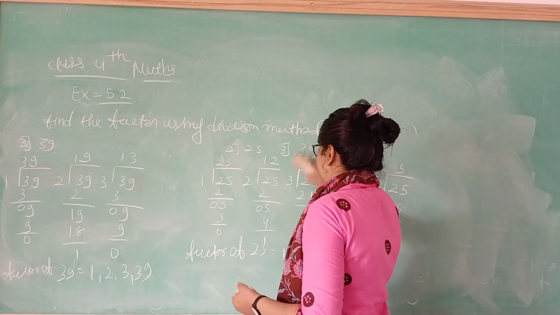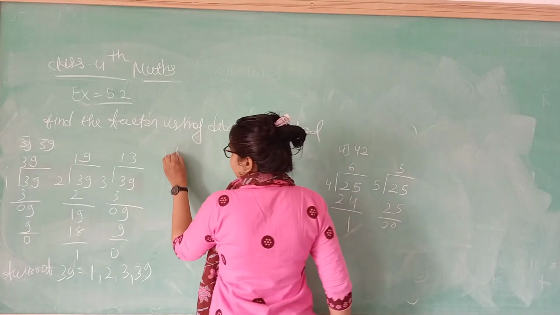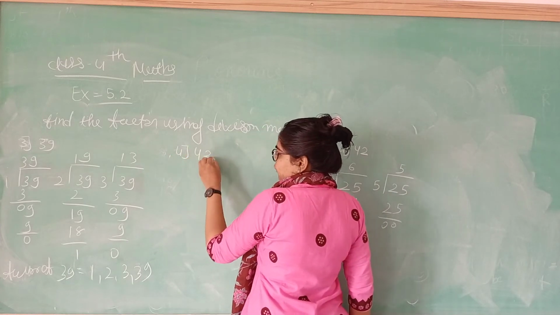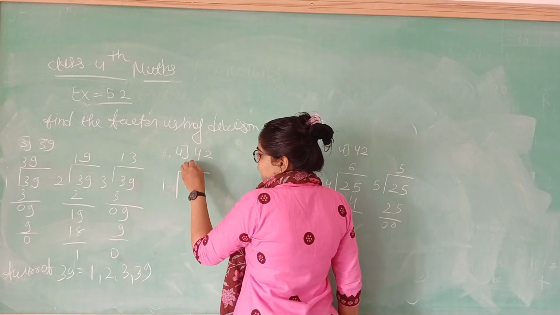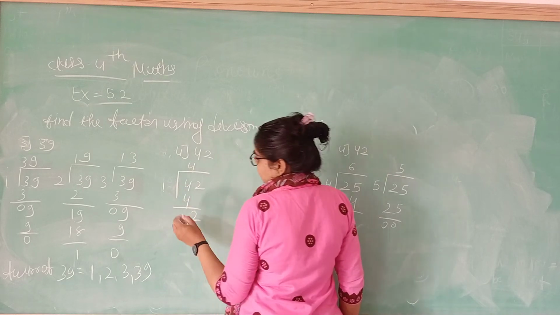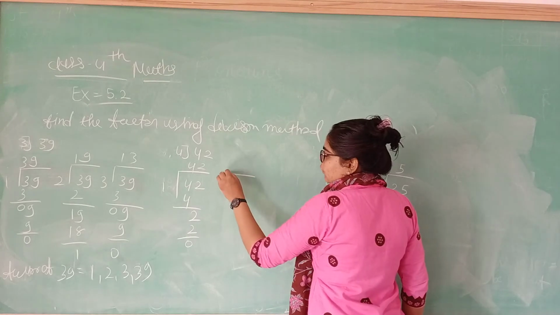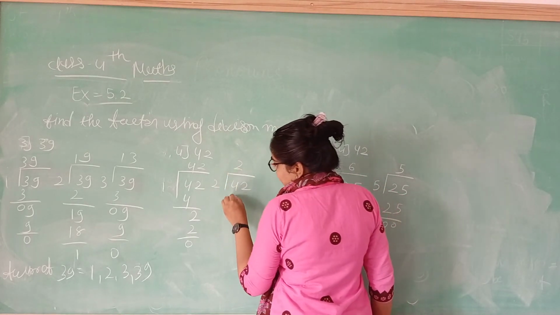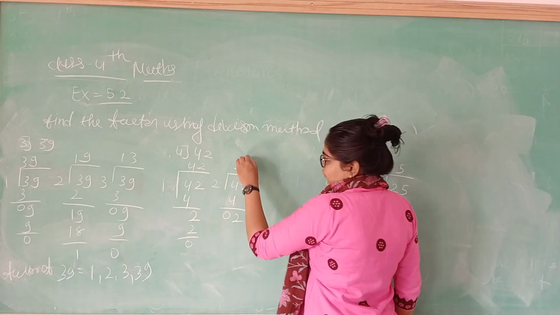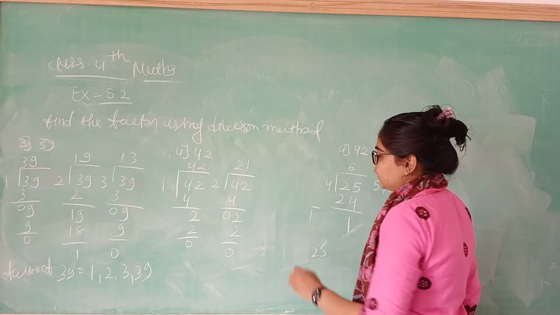Okay. The next one, 42. The fourth one is 42. 1 4 is 4. 1 2 is 2, 0. So 1 is a factor of 42. Then 2: 2 2s are 4, 0. 2 1s are 2. So 2 is also a factor of 42.